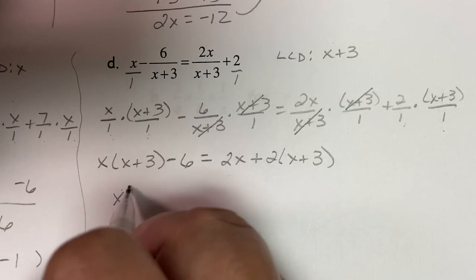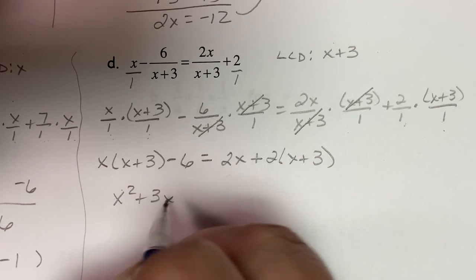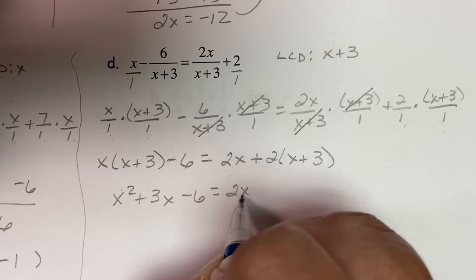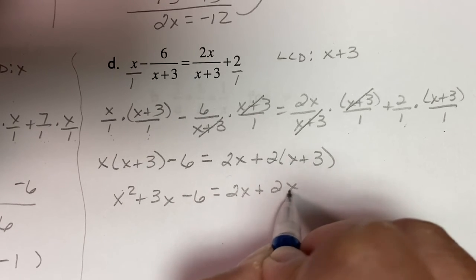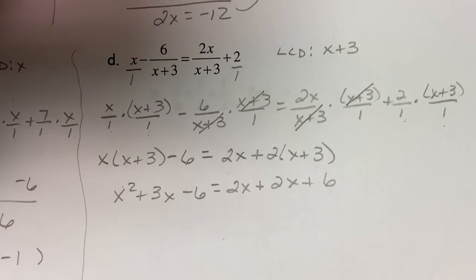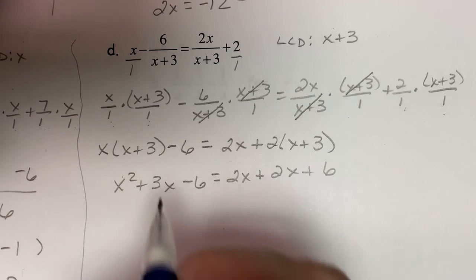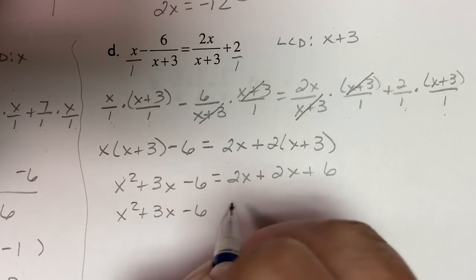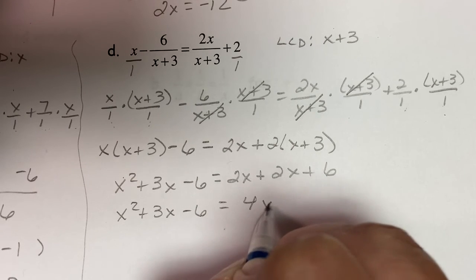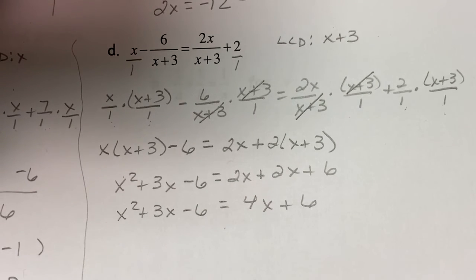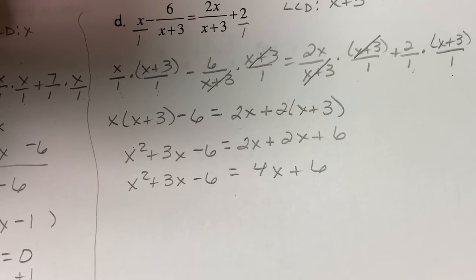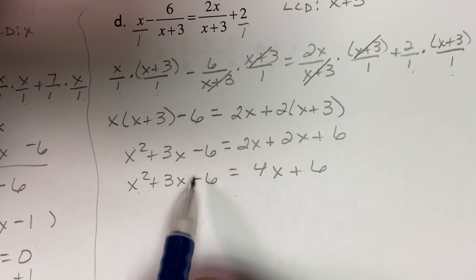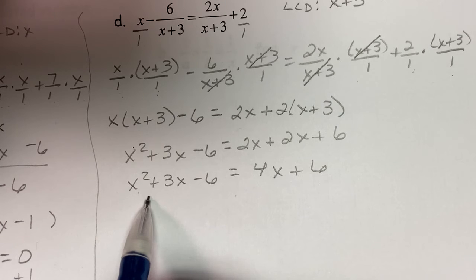We're going to distribute: x squared plus 3x minus 6 equals 2x plus 2x plus 6. I see some like terms on the right-hand side. I'm going to combine the 2x and the 2x. Now, because it's quadratic with the x squared, I'm going to bring everything over to the left-hand side and set it equal to 0.